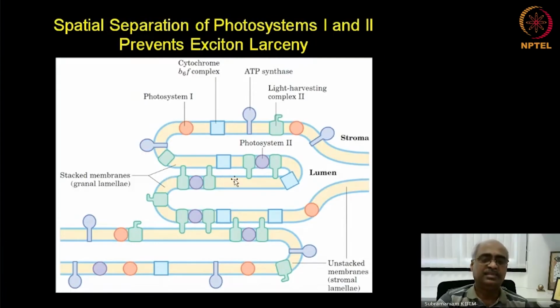As a result, these are immobilized, and this spatial separation from photosystem 1 ensures that the exciton transfer from LHC2 actually goes to photosystem 2. This ensures that photosystem 2 is adequately excited.